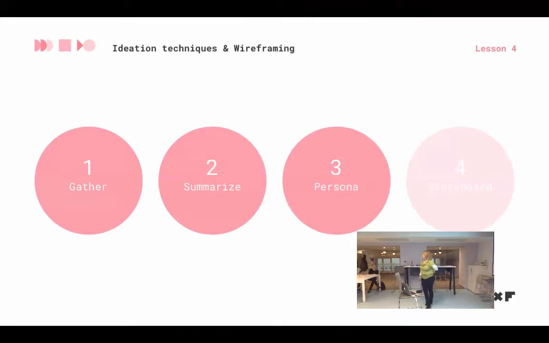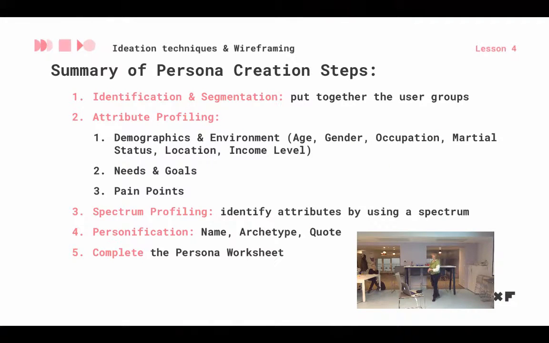Then we talked about the persona, how to create one. You remember you created one using the huge csomagolópapír, however that is called in English. Wrapping paper, thank you. We used the brown wrapping paper, and Krista showed you how it is very easy to create a persona from your own research.